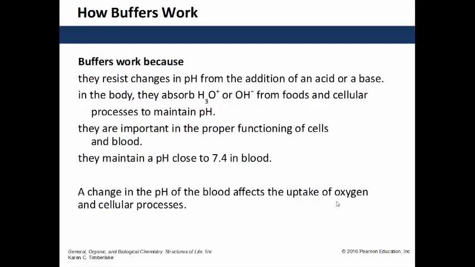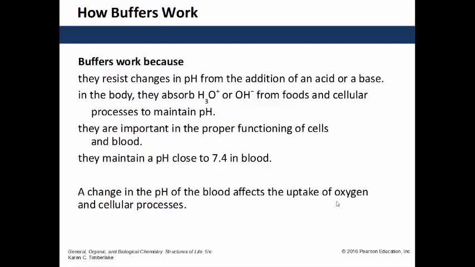And buffers work because they resist the changes in pH from the addition of either an acid or a base. So in the body, they will absorb the hydroxide ions or the hydronium ions from food or from other cellular processes, various enzymes, various proteins that are used. Now this is important because it helps maintain the proper functioning of blood in various cells. The pH of your blood can only handle a very small window of change in pH.